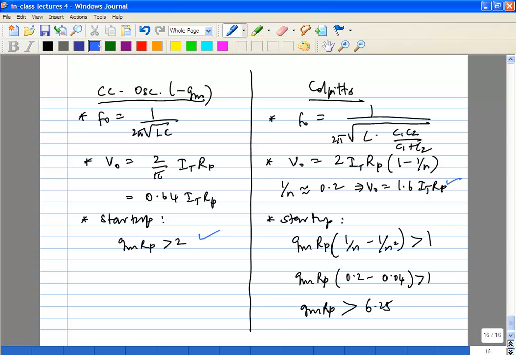Okay, so definitely the cross coupled is way better as far as startup condition goes, which means you need a lot more gain for startup in the Colpitts.